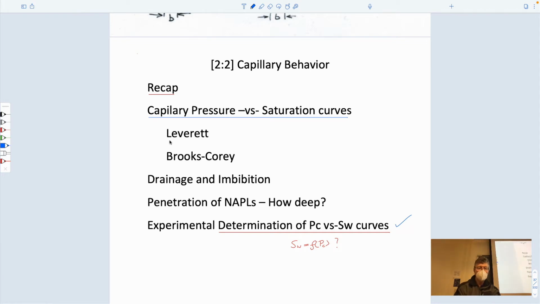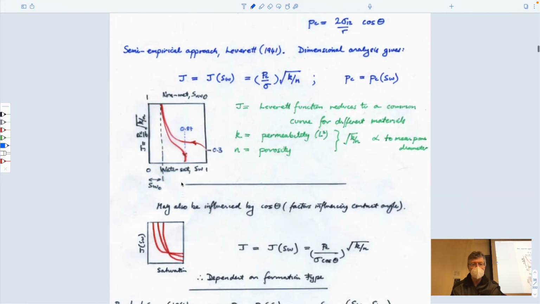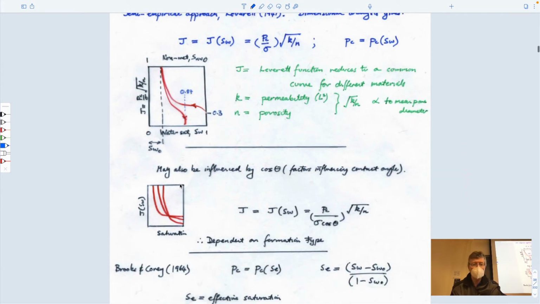And there are a couple of approximations or characterizations we can use, one named for Leverett, one named for Brooks and Corey, a petroleum engineer and an agronomist from Colorado State, I think, and explain some of these terms, exactly what they mean.